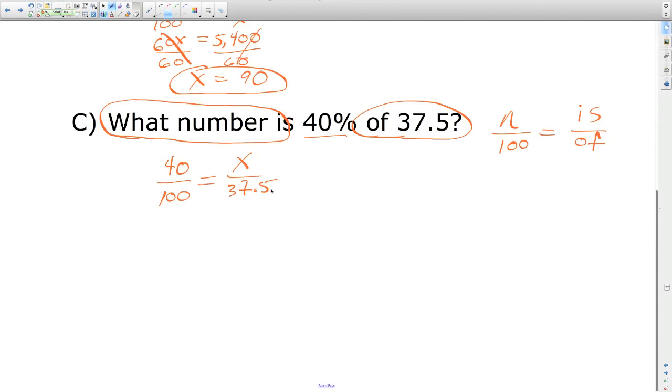Then we do the cross products there. 37.5 times 40 is 1,500. 100 times x is 100x. Divide each side by 100. That gives us x is equal to 15. So this is a find the part problem.